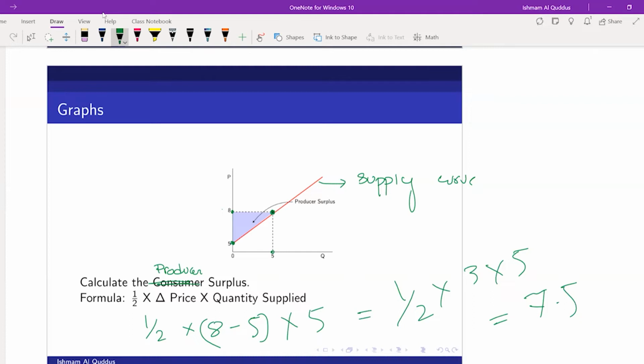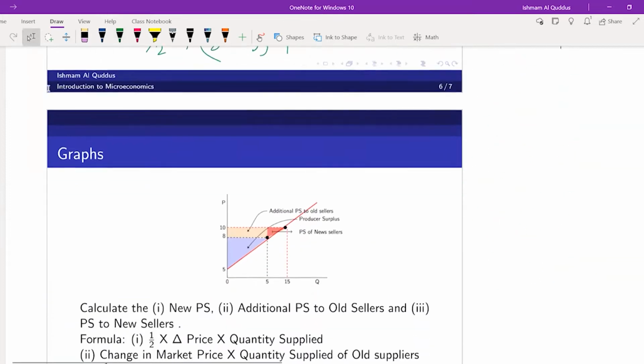So this is your producer surplus, or actually not only yours. Remember, in the market there are many suppliers, not just you. In the market currently, the producer surplus is 7.5. So I don't think it would be wise to say that it is just your surplus. It is the surplus of all the producers, of all the suppliers currently in the market.